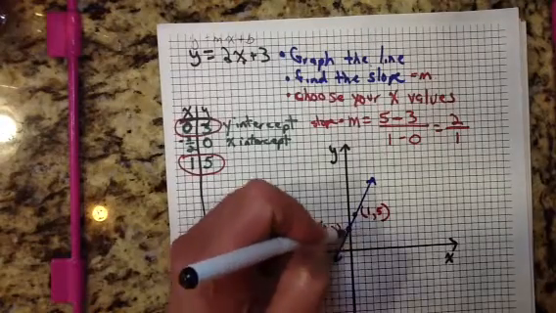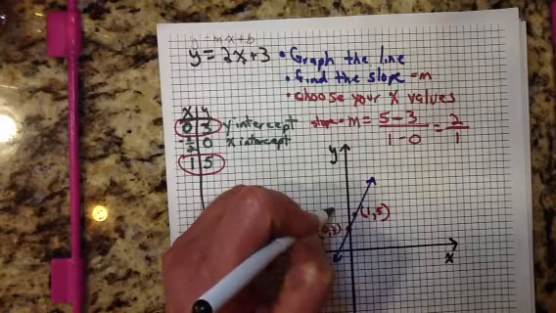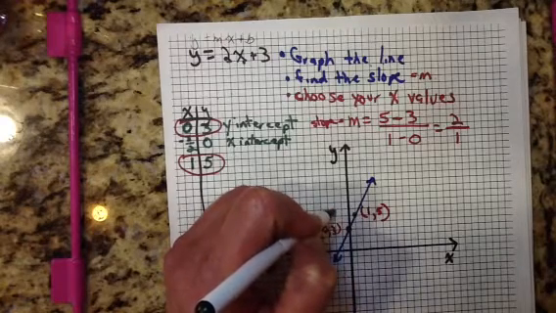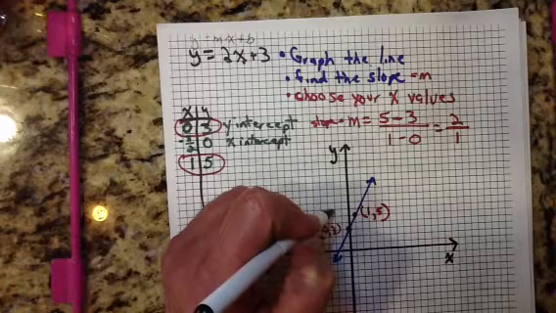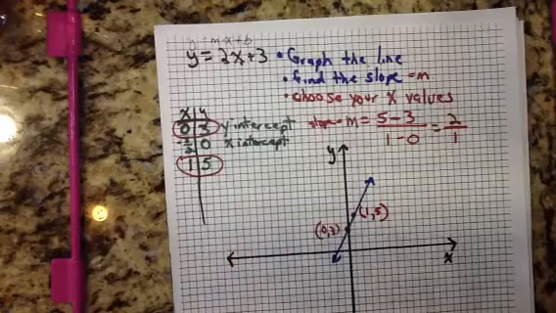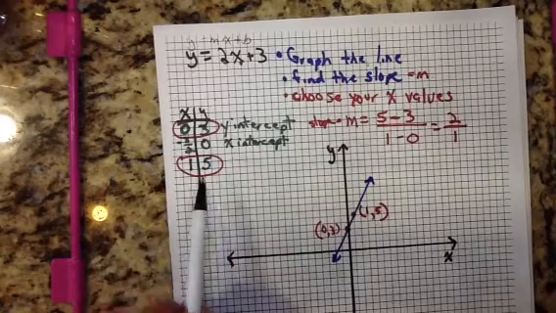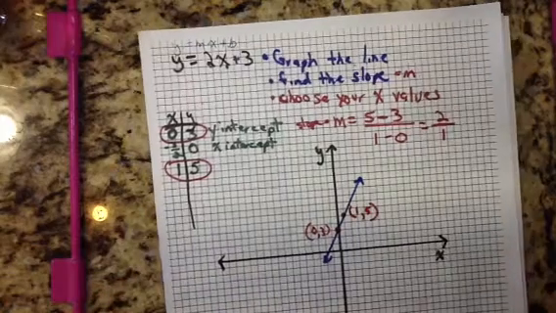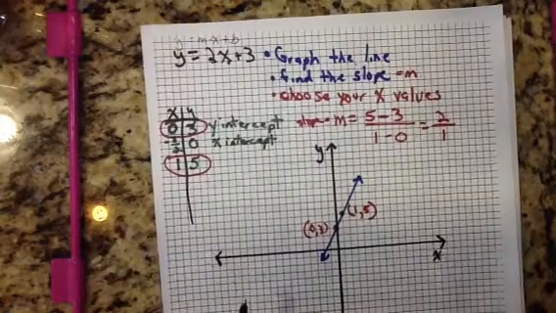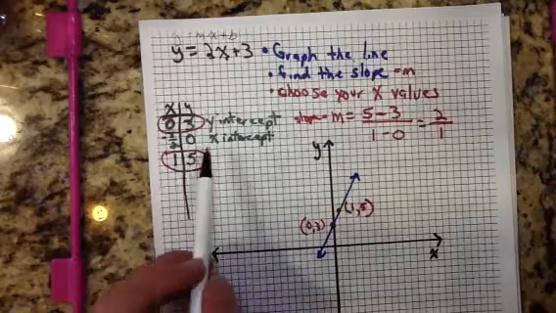If you have 2 points lined up and then a third one kind of out here, uh-oh, I must have made a mistake with my math somewhere, because if it's a line, all 3 points should be lining up. So this is just a wise thing to do, especially on a test, in case you make a silly mathematical error. You don't want to miss a problem on your test.